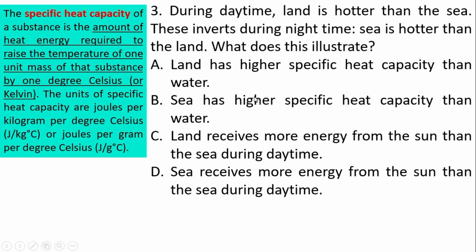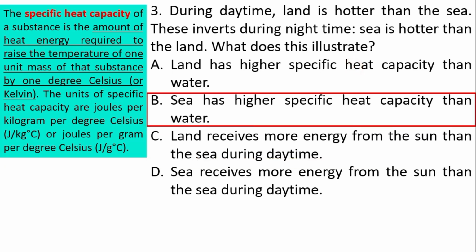Land has a lower specific heat capacity compared to water. That's why during daytime, the water is cooler compared to the land, and during nighttime, the water is warmer compared to the land. Because of its high specific heat capacity, water takes a long time to heat up and also takes a long time to lose that heat. Land, with low specific heat capacity, heats up quickly and also cools down quickly. So letter B is our answer here.